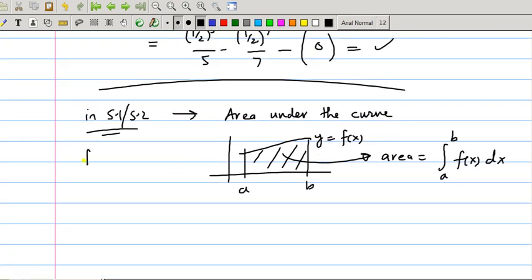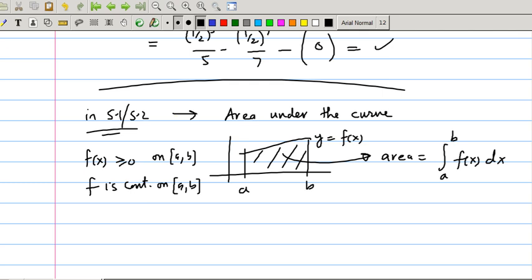Here f(x) is positive on [a, b] and f(x) is continuous on [a, b]. These are the two conditions. Your function should not have any break in it, okay, and it has to be above the x-axis.